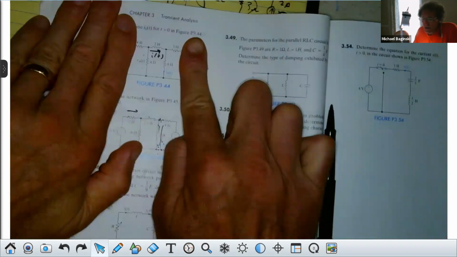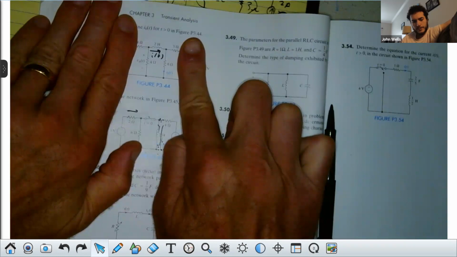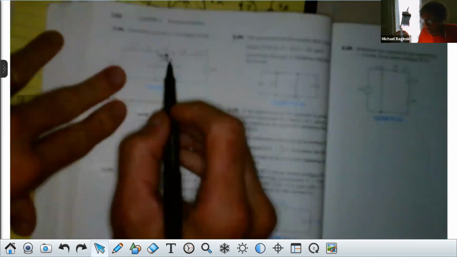What is the current going to be as t goes to infinity? Brooke noted this last time when I made a mistake. It's going to go to 0. There's no sources, it goes to 0. It's that simple. So we've got an equation for the current, don't we?